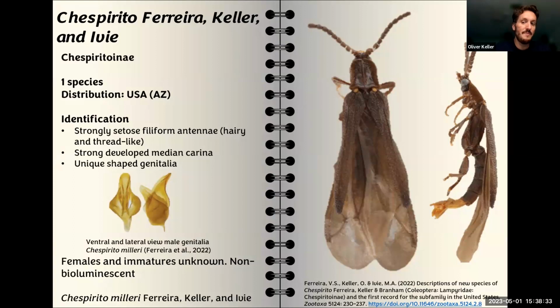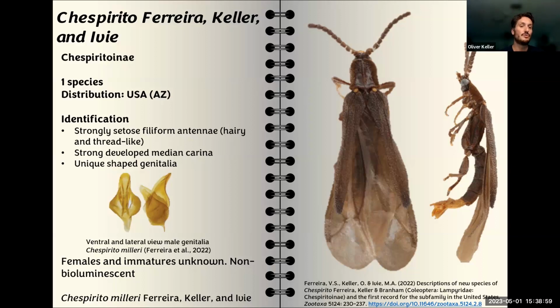For the longest time, they were misidentified in collections as lycids because of their general appearance, until my good friend Vinicius found them in the collections and showed me pictures, and we were like, this has very weird characters. Some of them look lycid-like, some look firefly-like, or even have some fangoted characters. And so we described them.